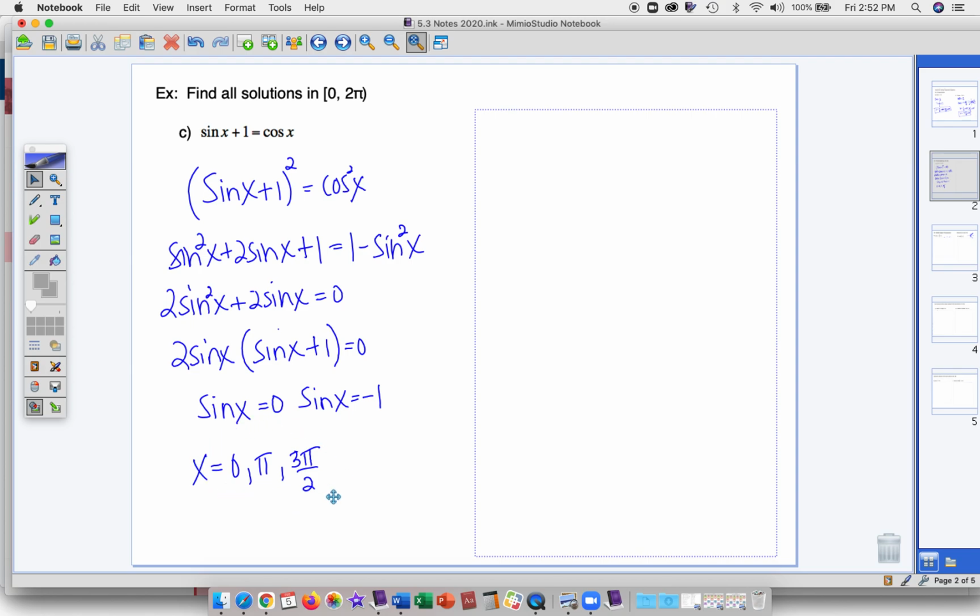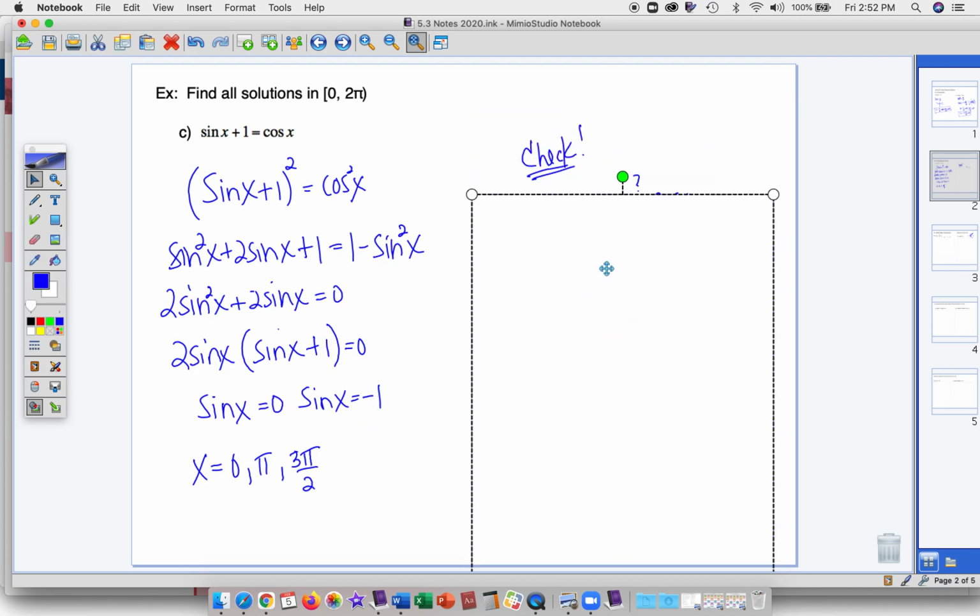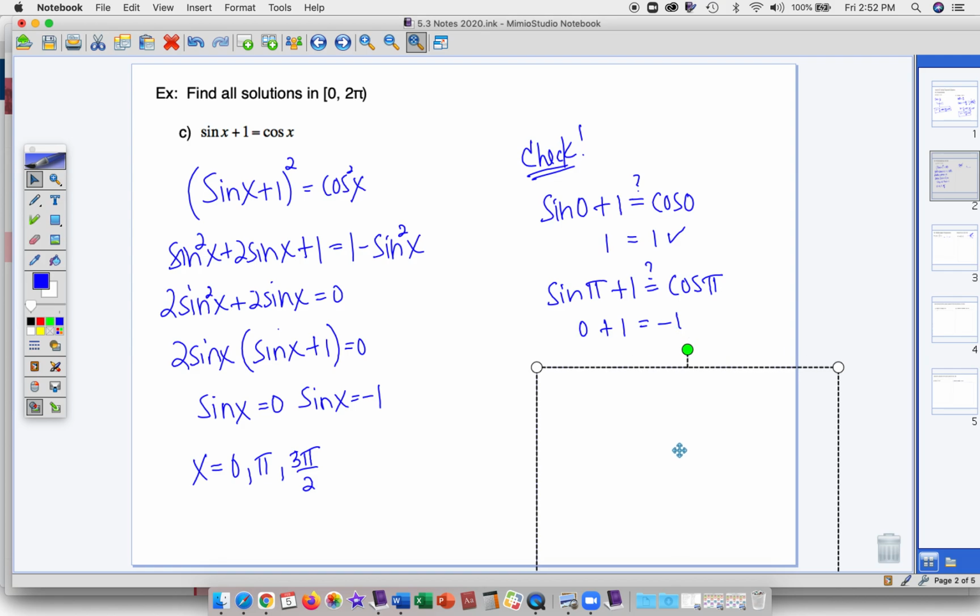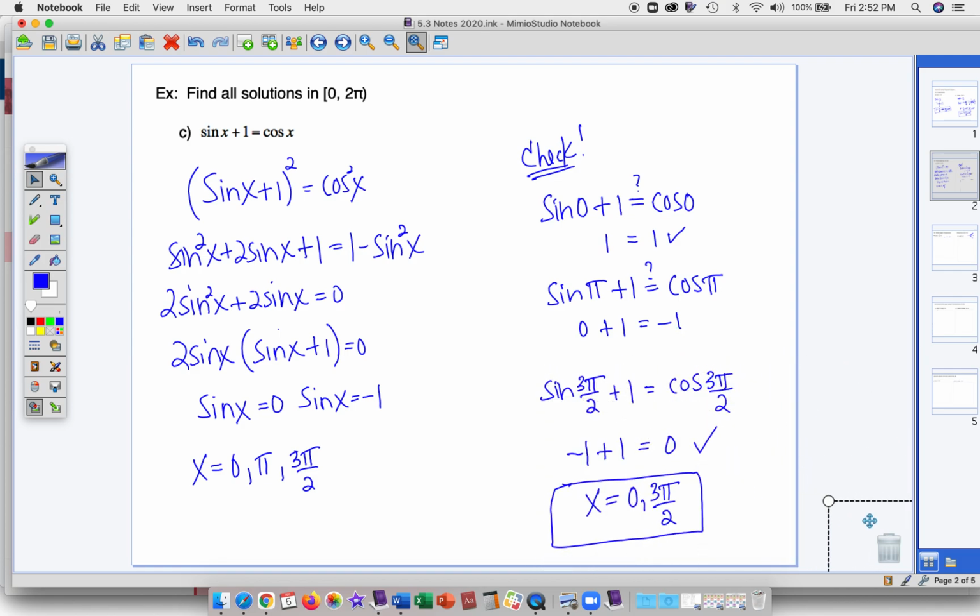So now we need to check these solutions. Okay, so we want to go back to the original equation. Don't go back to anything beyond that, or they will work. But if we check in the original equation, we'll find out if there's any extraneous solutions. So here's the check. When I plug in 0, I get 1 equal to 1.